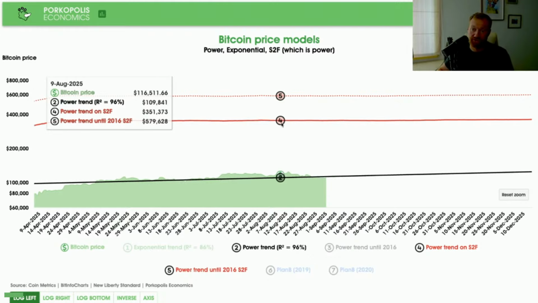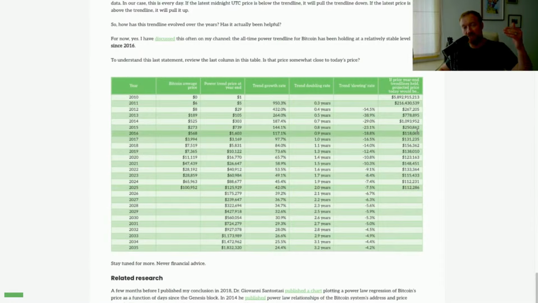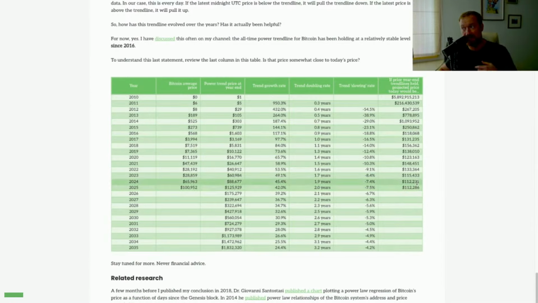Whereas the worst difference from prior year's projection until today's price is like 45%. So another example, another data point. We're 10x better. We're 10x better on the power curve at showing what Bitcoin is actually doing than stock to flow.